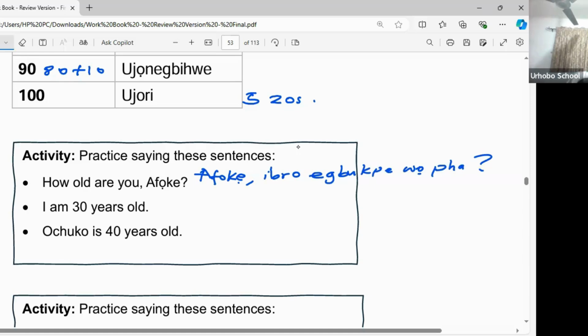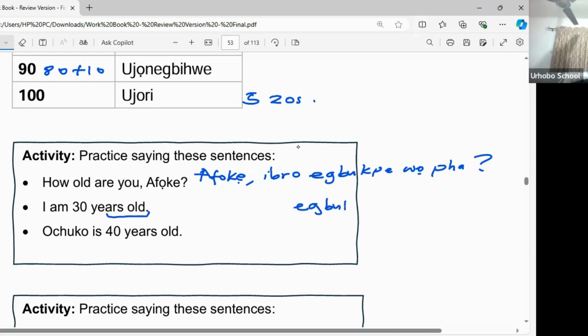Or you can say Wawa Bukwe Hebrew. But let's go with this one. Hebrew Bukwe Wawa. How old are you? Okay, so years old, I will help you with this one, is Egbukwe.